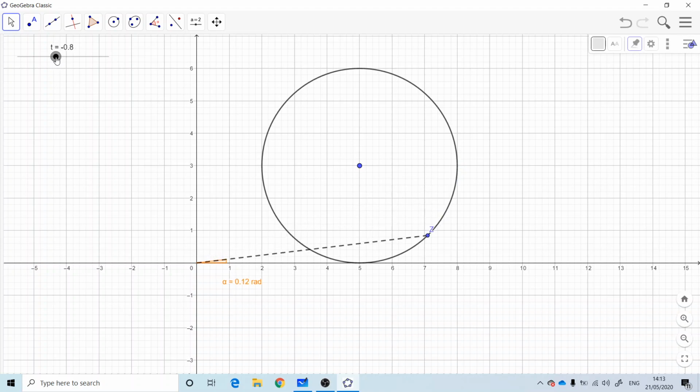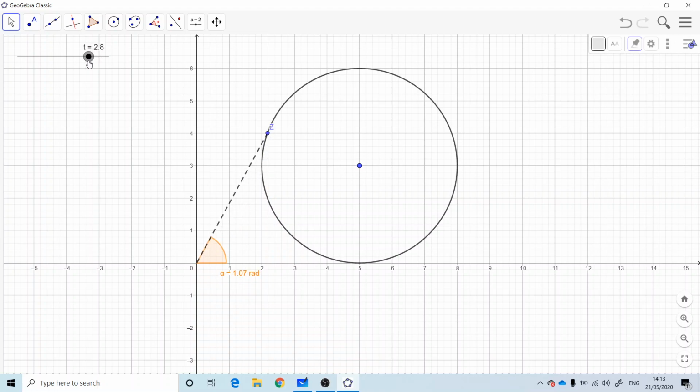So we're just going to imagine moving around this circle, and you can see that the argument's going to get bigger. This angle is increasing. And then it's going to get to a point on the circle where all of a sudden the argument starts decreasing.